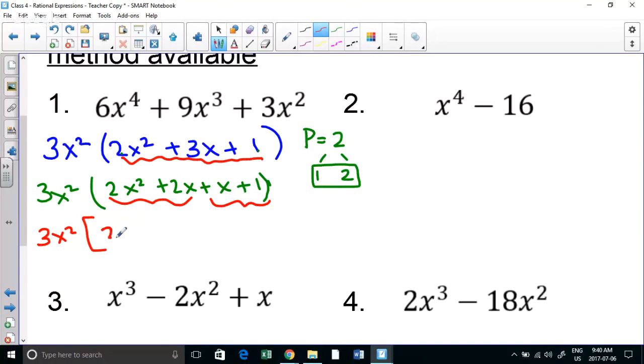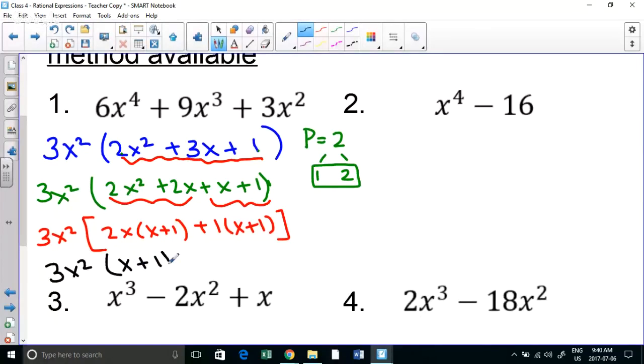Here I can pull out a 2x. I'm left with x plus 1. Here I can take out a 1. I regroup this, x plus 1 that I pull out. I'm left with the 2x plus 1. So this is the factored version of this.